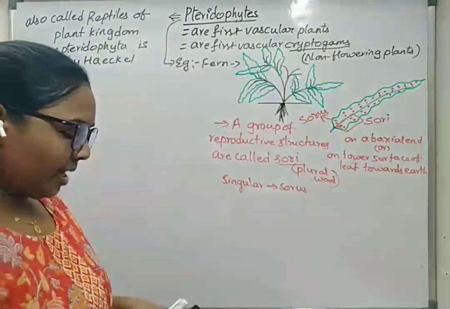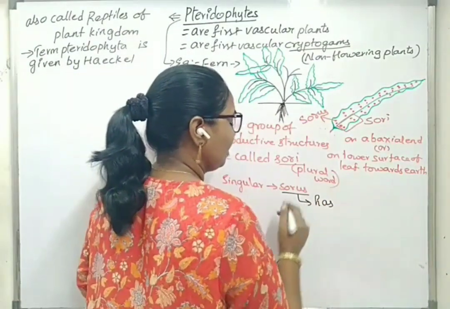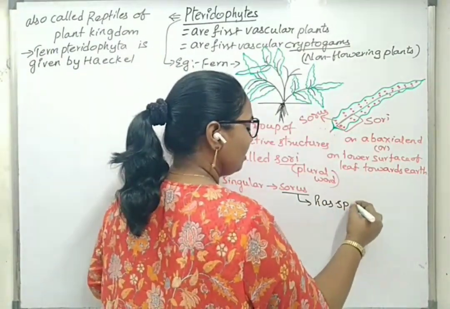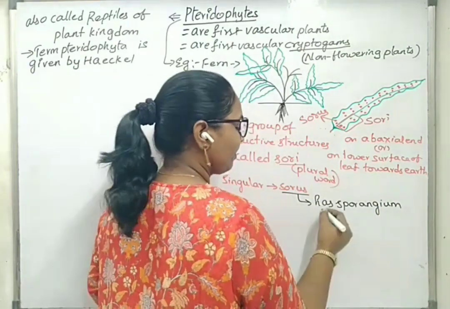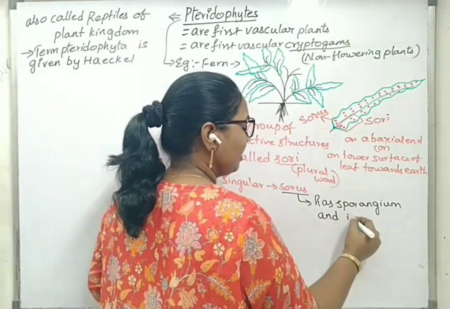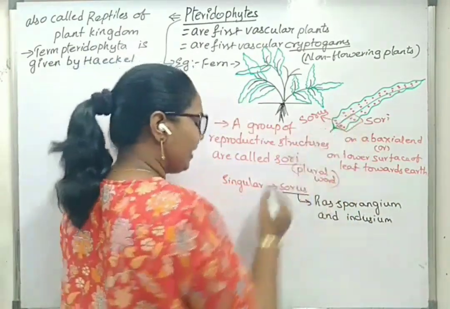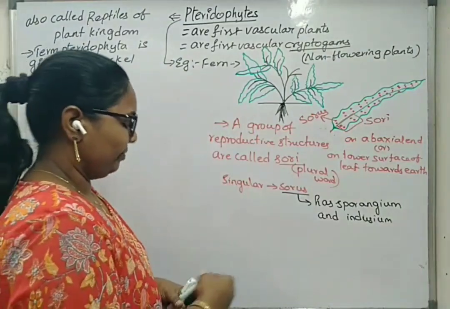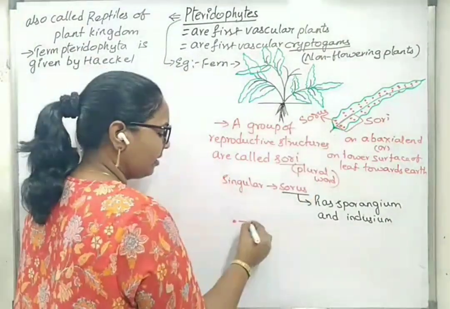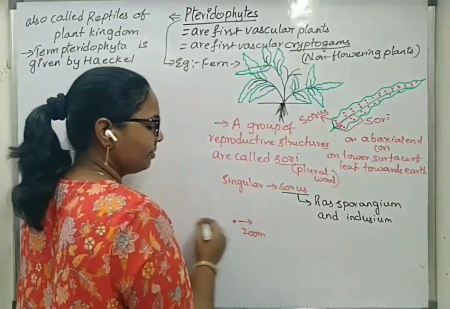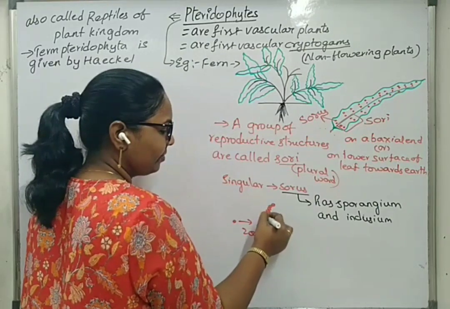Now, a sorus has sporangia, or sporangium, and indusium. Suppose I take one single structure and zoom in; I will see some special structures like this.